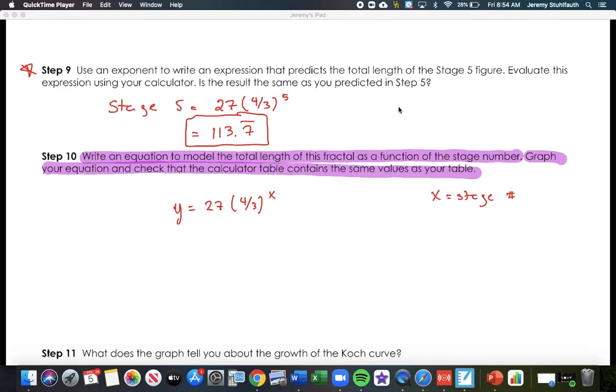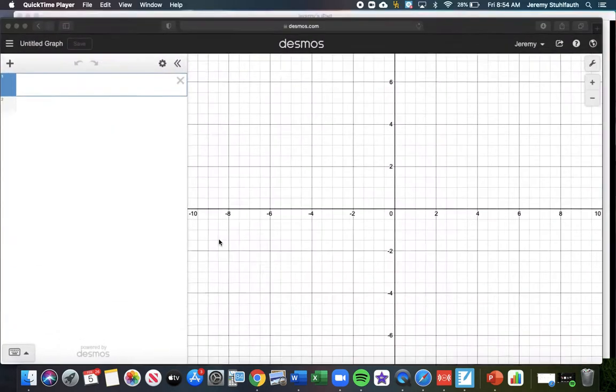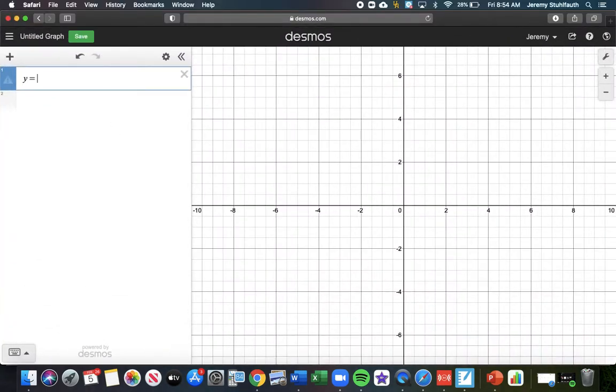And so if we graph this, I'm going to jump over to Desmos. We have y equals 27 times 4/3 raised to the x power.